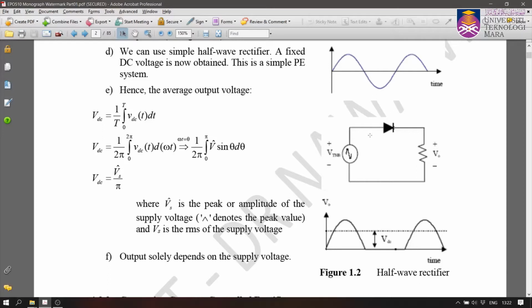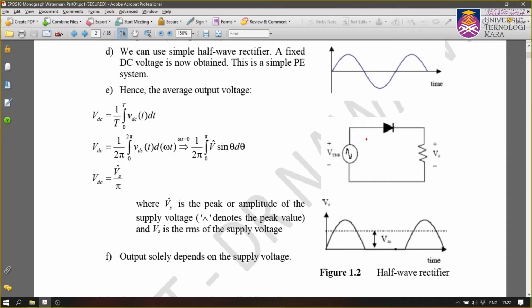So for the half wave rectifier, during the positive half cycle of the supply voltage, you know that the diode is forward biased, and since the resistor is a purely resistive load, the current starts to flow in that direction, isn't it?